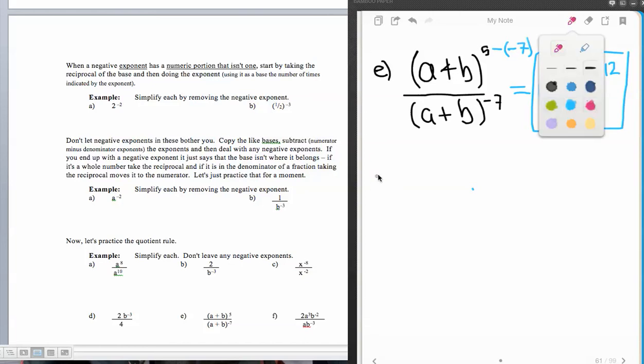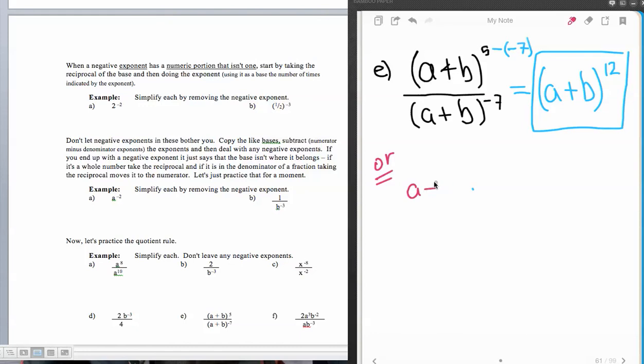However, that's not the only way we can do it. The other way we can do this problem is we can take a look at moving this to the numerator. So we have a plus b to the 5th power, and then we're going to move this up to the numerator.